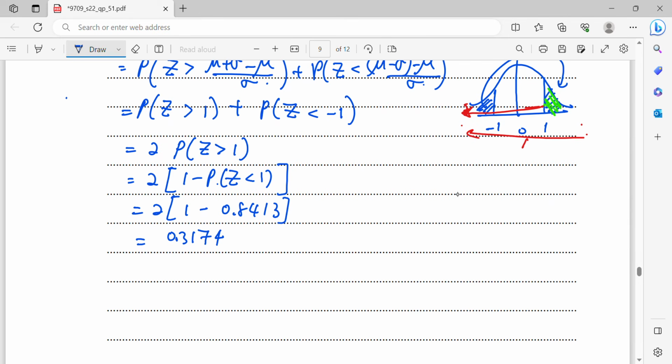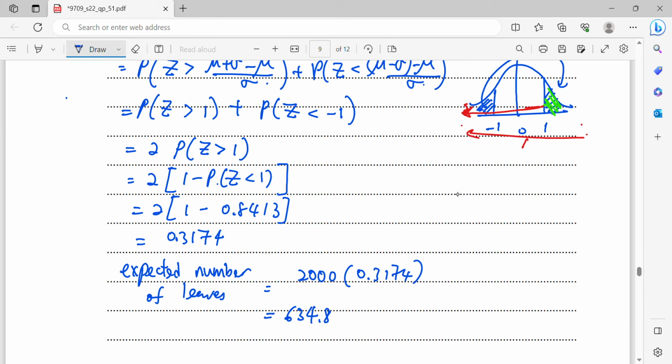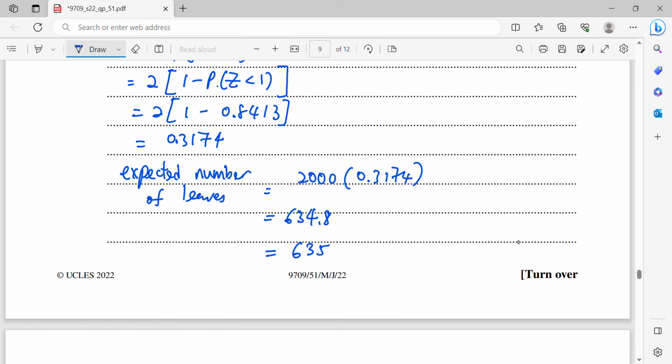Okay, so now expected number of leaves will be 2000 times 0.3174. Then you will get 634.8 from a calculator, and at last you round up 635. Okay, that will be the solution of this question.